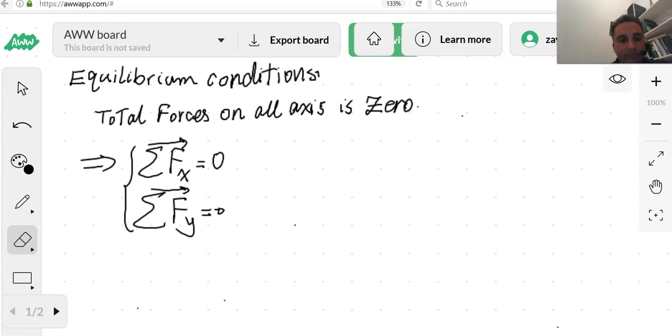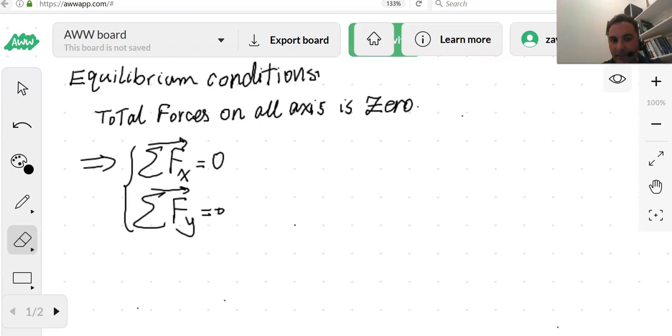Okay, guys, the next section in the dynamics part, chapter 6 and 7, is about equilibrium conditions. What are equilibrium conditions?